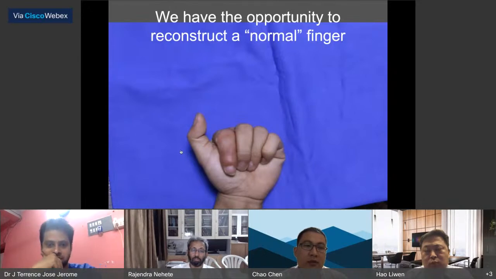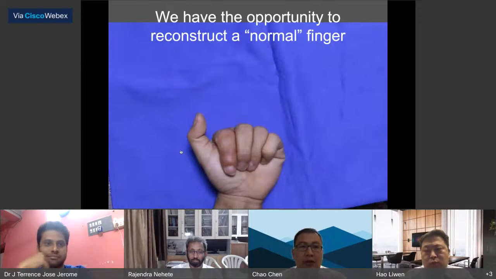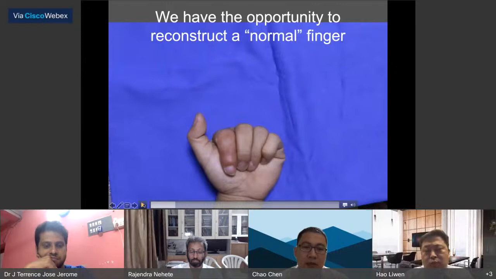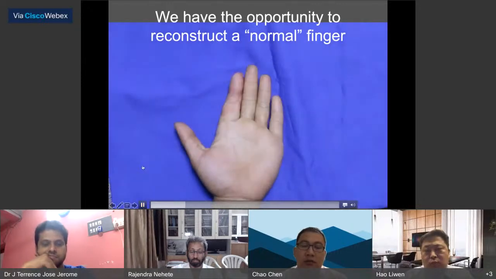I admit that the reconstruction is just the first step. Then we need rehabilitation and tenolysis and some skill to improve the range of motion of the PIP joint. But for the best outcome, we can achieve this outcome.